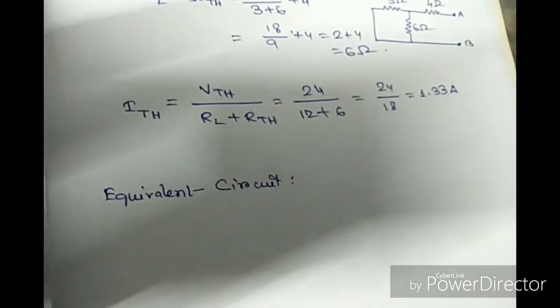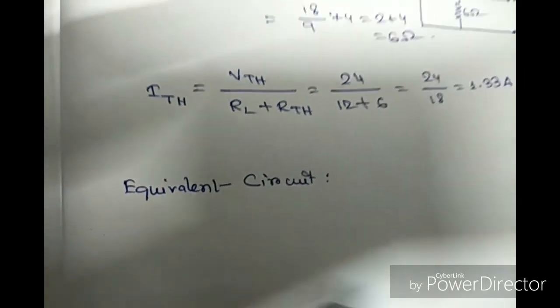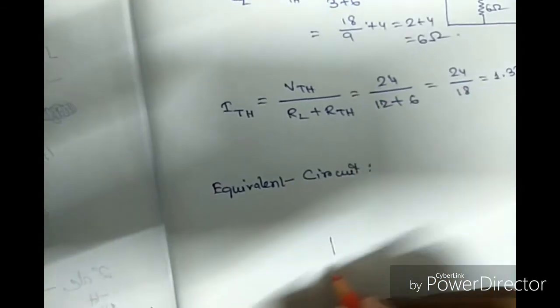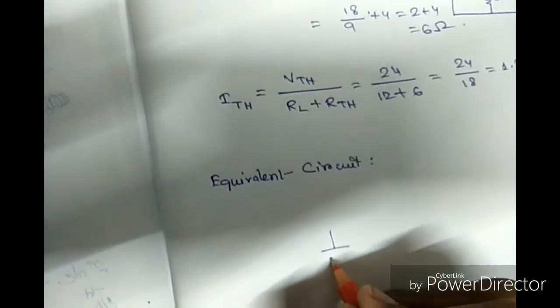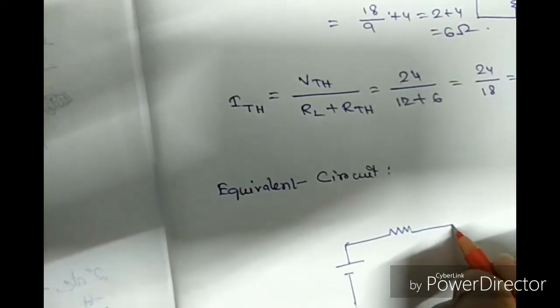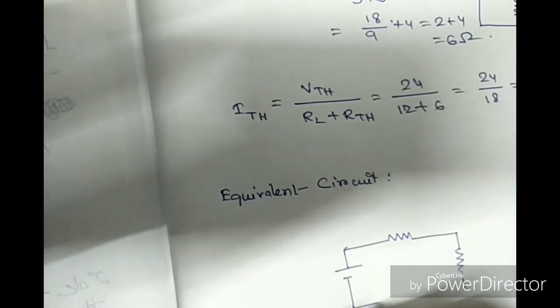After calculating the Thevenin's current, we also draw the equivalent circuit. If we do not draw the equivalent circuit, we do not get the full marks. Here is our voltage source VTH in series with RTH or equivalent resistance, and here the final load resistance.